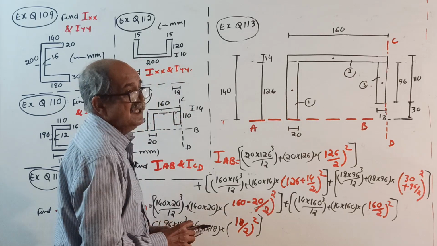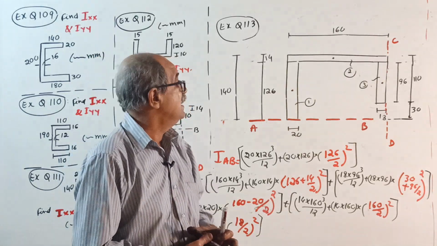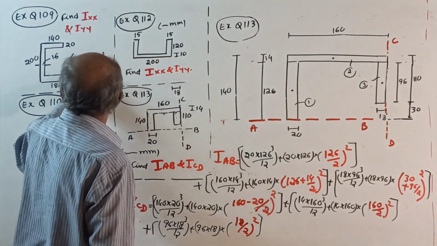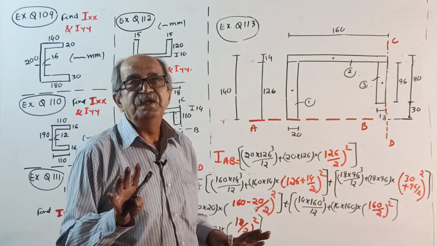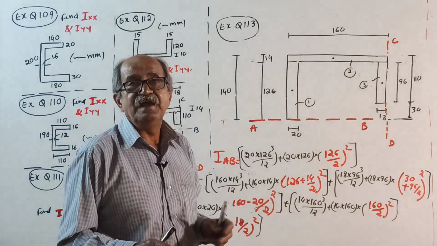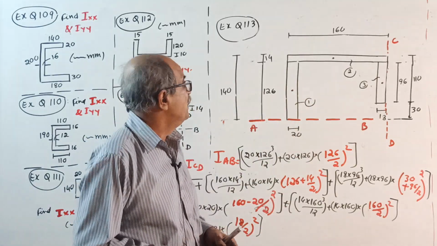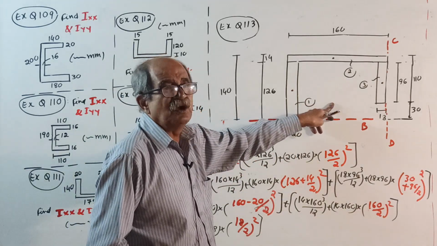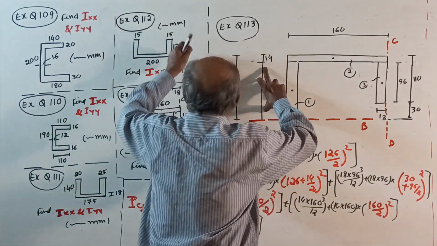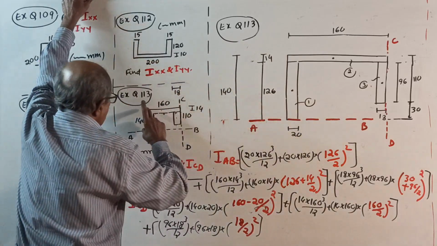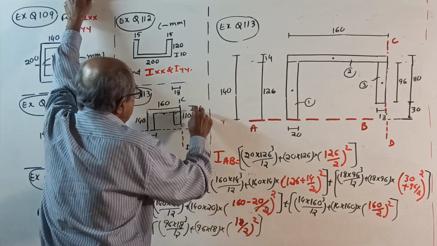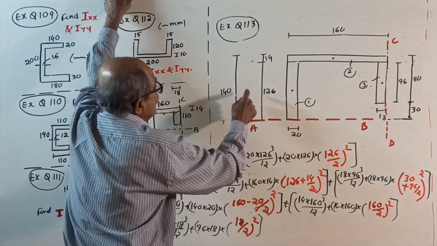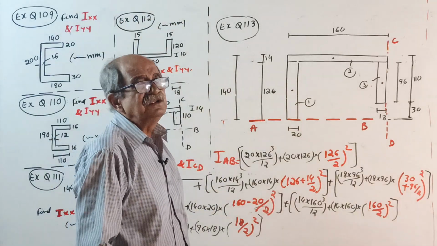One small thing, I announced it in the next class once again. When these diagram values are transparent here, by chance if there are any wrong values, usually I'll be careful, but by chance some calculation is wrong. See, when I found this 126, what did I do? Total 140. This thickness is 14, so 140 minus 14. By chance there is a mistake.